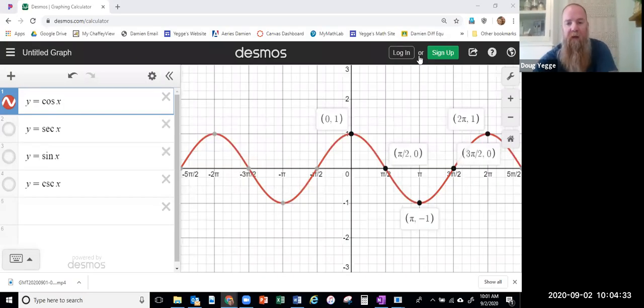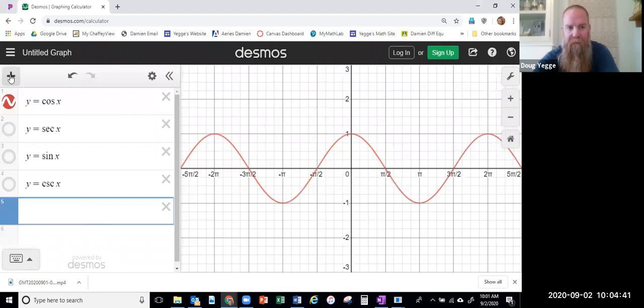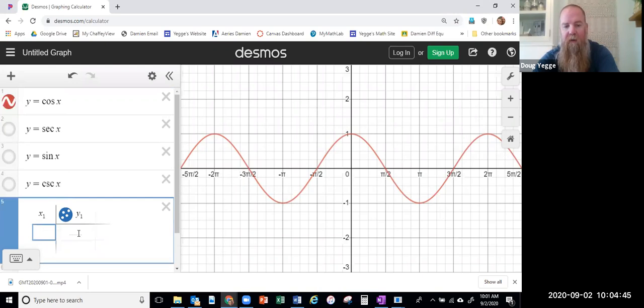We want to take a look at what secant theta would look like, but let's go ahead and come up with a list of a few points that we can plot here for secant theta. So first of all, I know that if cosine of 0 is 1, then secant of 0 will also be 1. So that point is going to be on the secant graph.